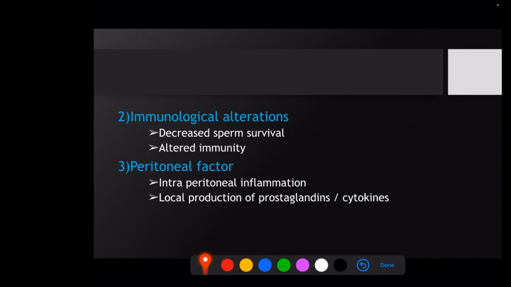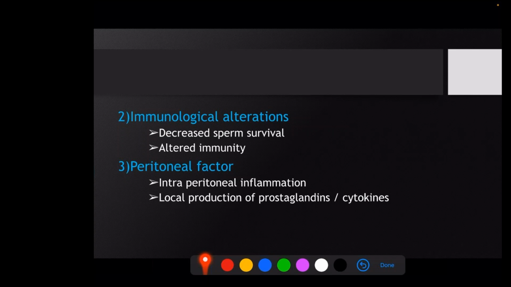So in infertile women with endometriosis, if you advise a blood sample or routine examination, the total count will always be high as compared to fertile women.